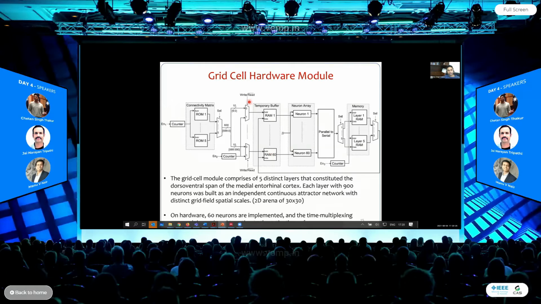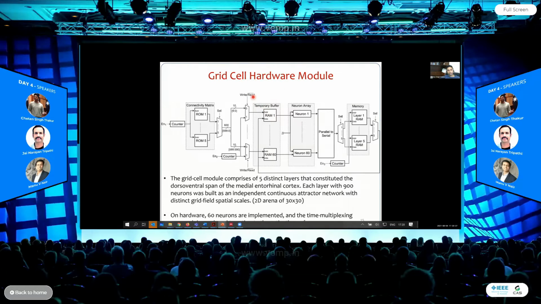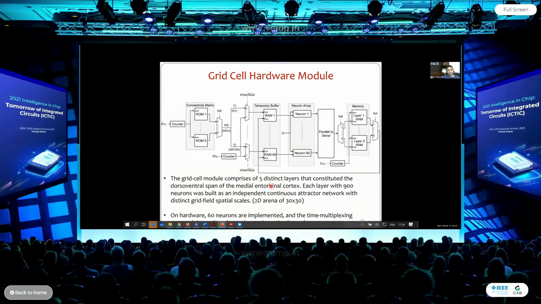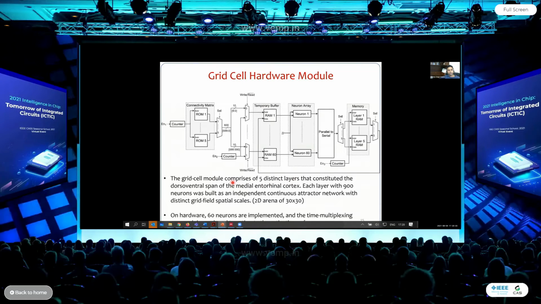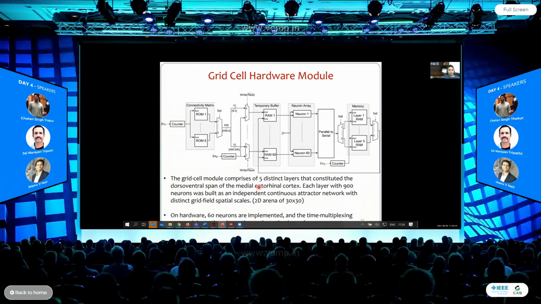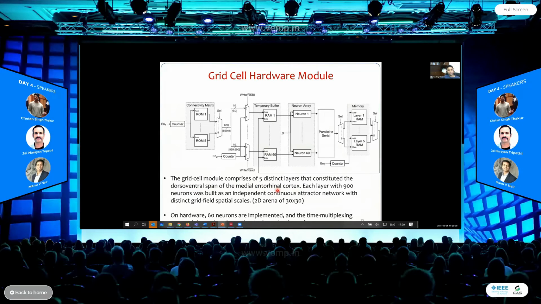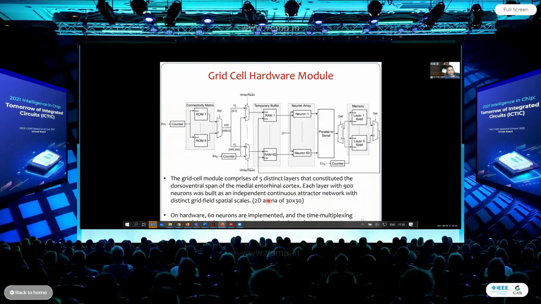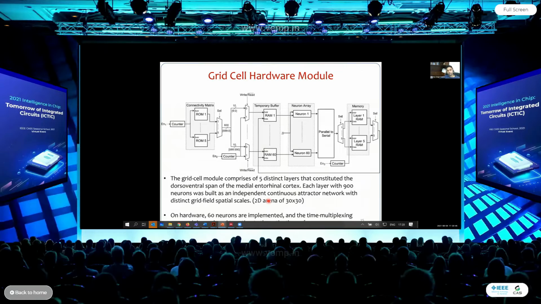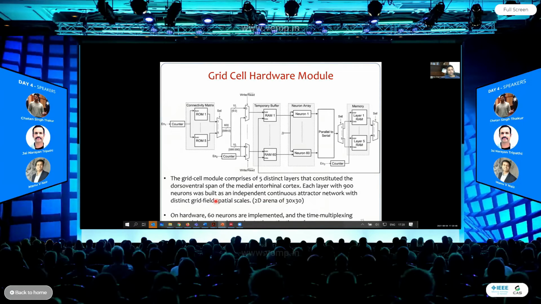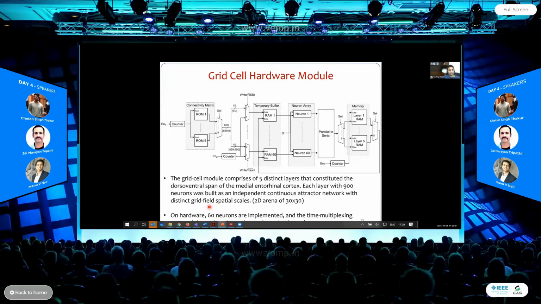Then we have the grid cell hardware module, which comprises 5 distinct layers, as I said, that contribute to the dorsoventral span of the medial entorhinal cortex. Each of these 5 layers has 900 neurons, because we are talking about a 2D arena of 30 cross 30, with different grid field spatial scales.